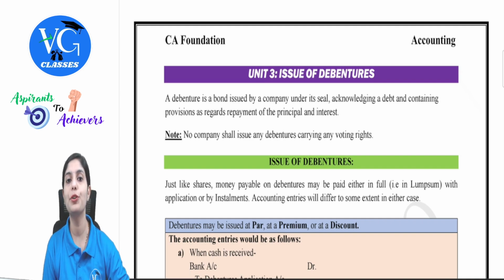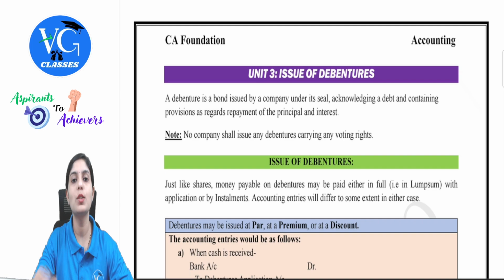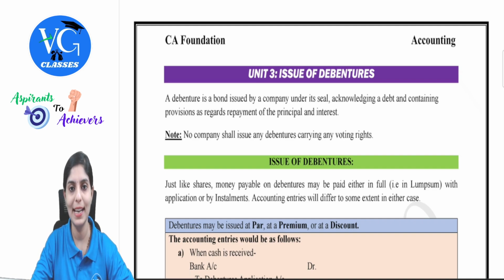From the company's point of view, it is a liability, whereas for the debenture holder, it is an investment on which they can enjoy a return as interest. Let's address all of these one by one along with journal entries.